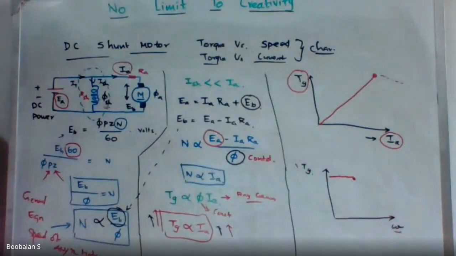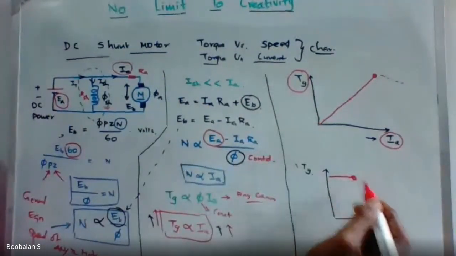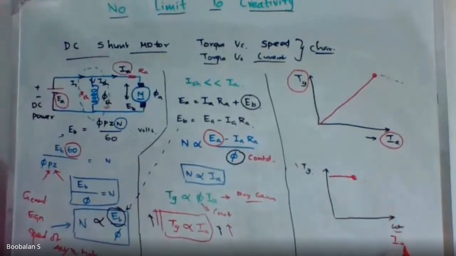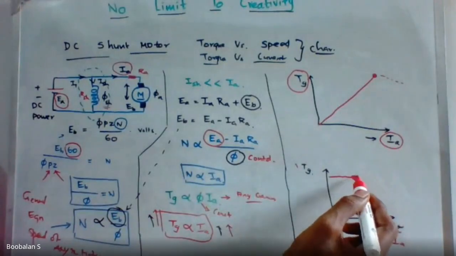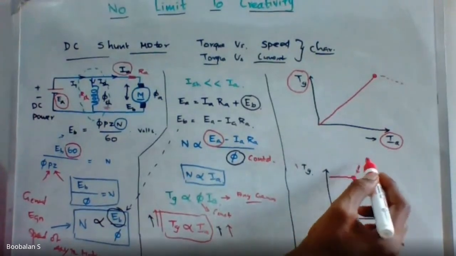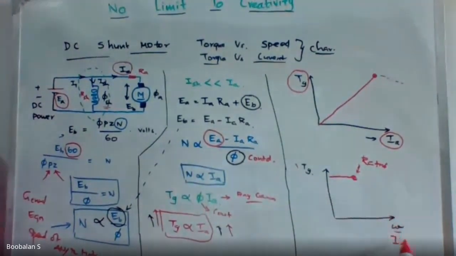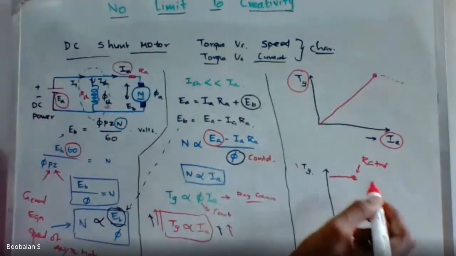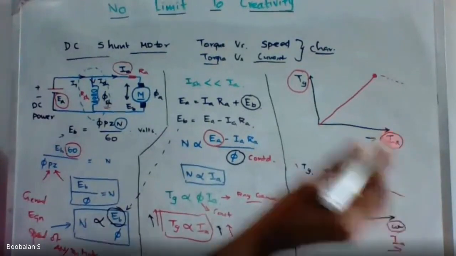I'm going to mark that rated point here. With IA on the x-axis, if I increase IA, TG also increases up to a particular stage. That is my rated operating stage, the rated value. After that, if I keep increasing IA, the torque or speed, the motor is going to lose its characteristics like this.